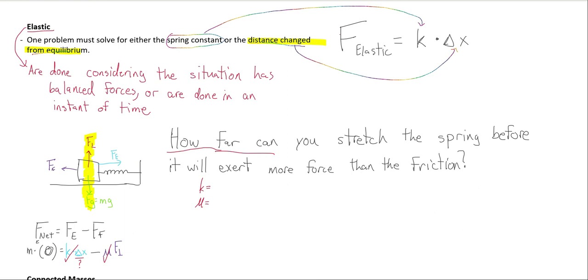So what do we need to find that? Oh, we need to know the mass. Knowing the mass will give us our gravity, and that'll give us a normal force. The mass doesn't matter as much on the other side, because anything times 0 is 0. So if I make my word problem include the spring constant, the coefficient of friction, and the mass, that will be all I need to solve for this elastic force problem.